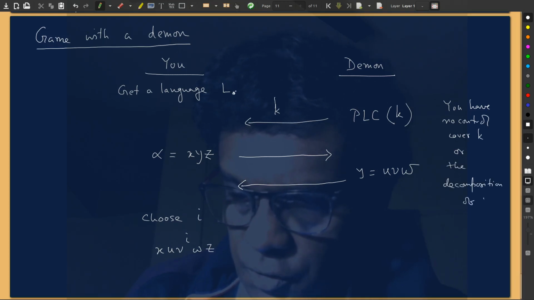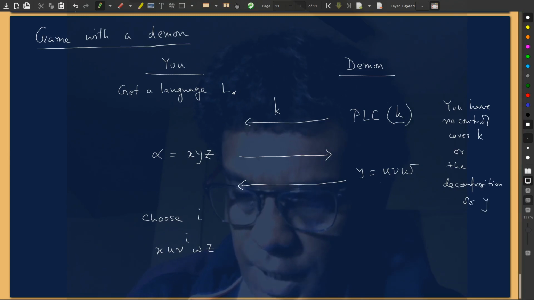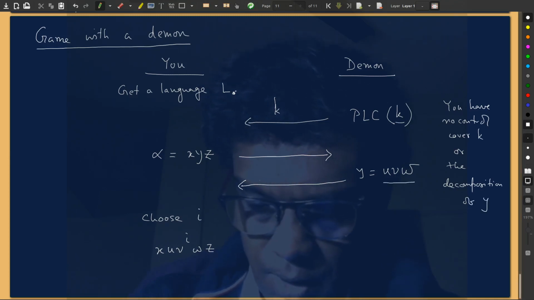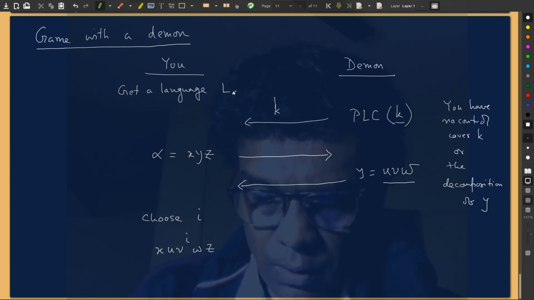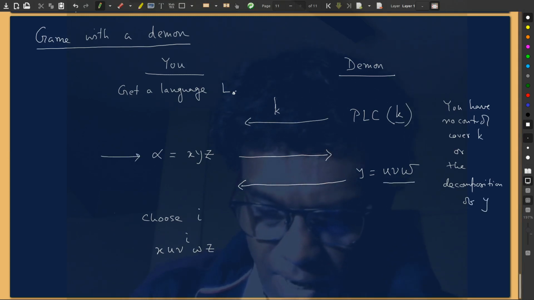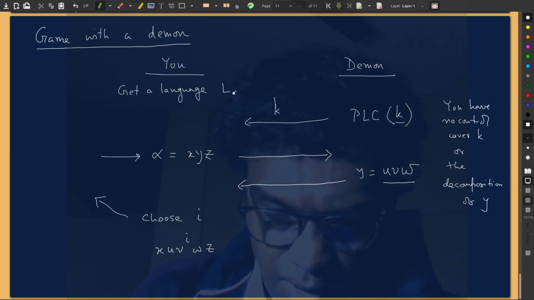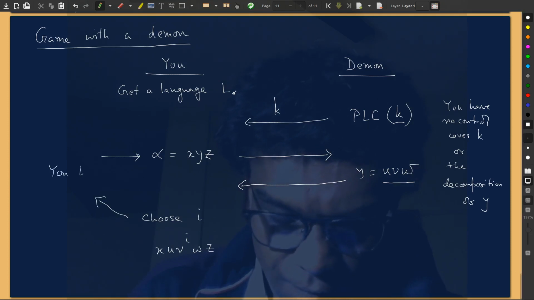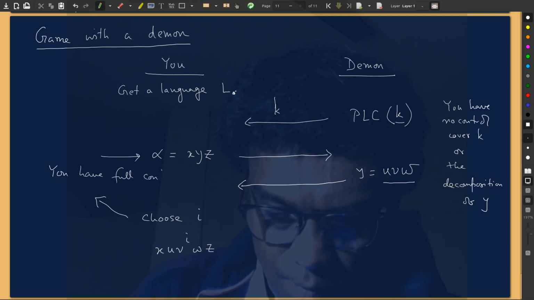It's a daemon's job to give you a value of k and a decomposition of this form. What you have full control over is alpha and the i. Okay, so you have full control over your choice of alpha and i.